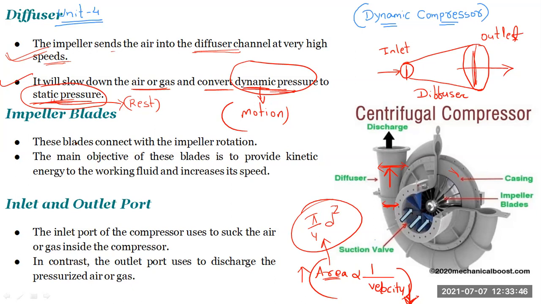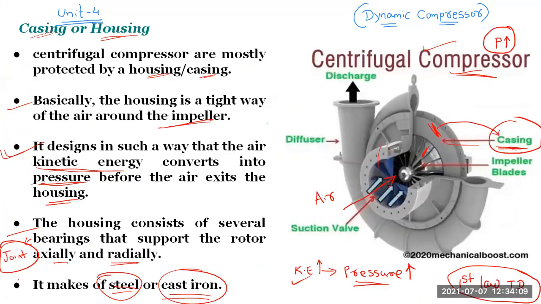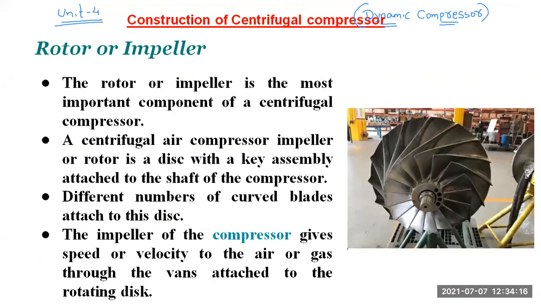Next, impeller blades. Regarding this impeller blades, already I have discussed. These blades connect with the impeller rotation. The main objective of this blade is to provide kinetic energy to the working fluid. Here working fluid is nothing but air and increases its speed. All these things already I have discussed over here. Okay, these impeller blades, use of these impeller blades.